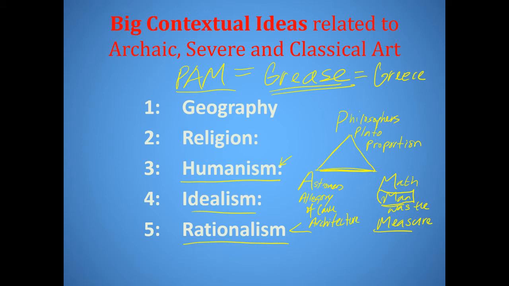So to be clear, when Greeks said something like man is the measure of all things, they quite literally meant all things. They quite literally meant that you could take the proportions of the ideal man, and if you could conform those to a geometric relationship, then you could use those same measurements to build architecture.